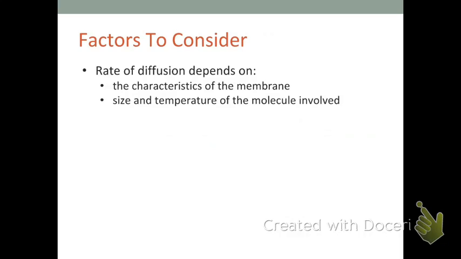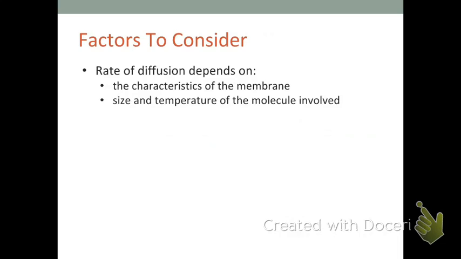Now, when you think of temperature, you probably think of how hot or cold things are, right? Yes. That's the everyday person's understanding of temperature. But temperature really is how fast the molecules are moving. That's what temperature is. Really, really fast, really, really hot. Really, really slow, really, really cold.